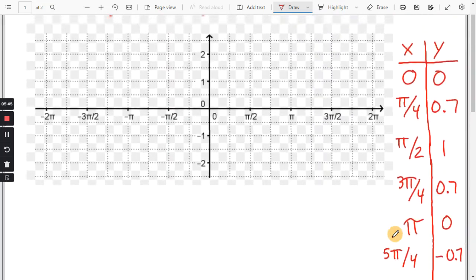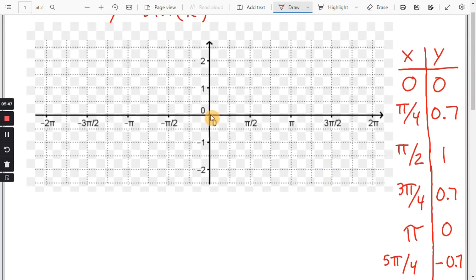All right, so let's fill in these points. We have 0, 0 right here. And then at pi over 4, which is going to be in between 0 and pi over 2, it's 0.7. So it's about right there. At pi over 2, we have 1. 3 pi over 4, which is in between these two, comes back down to 0.7.